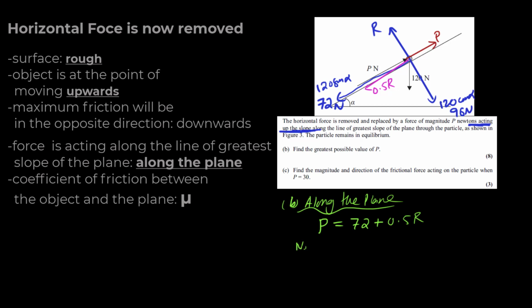So normal to the plane, we have R equals 96 Newton, because this is equal to 120 cos alpha, and that is 96 Newton.